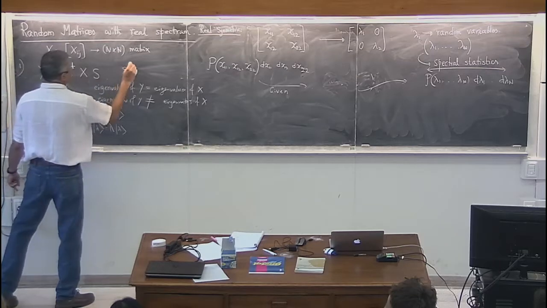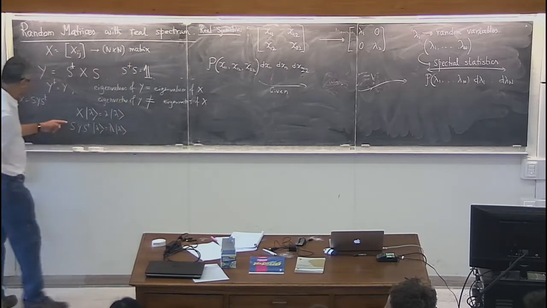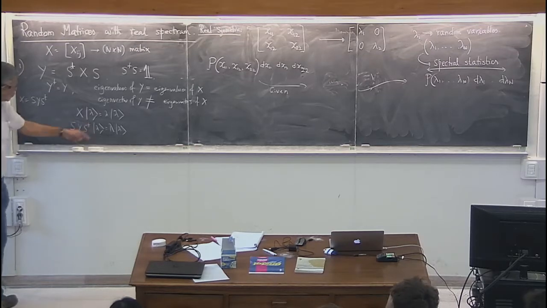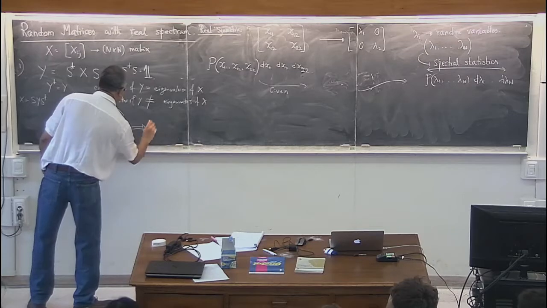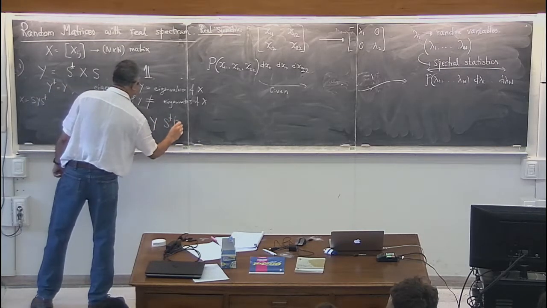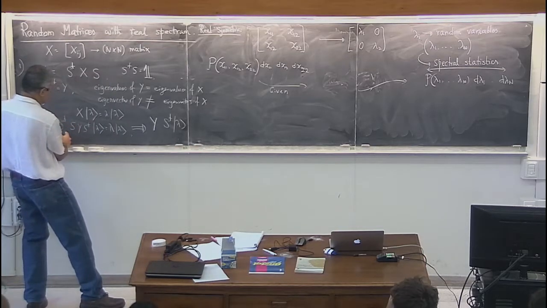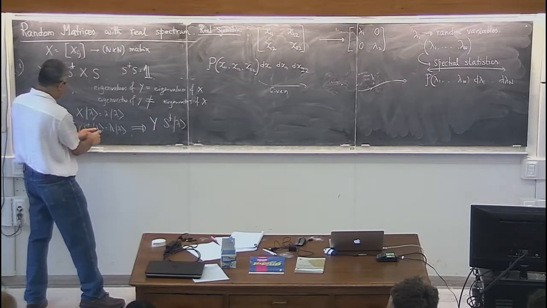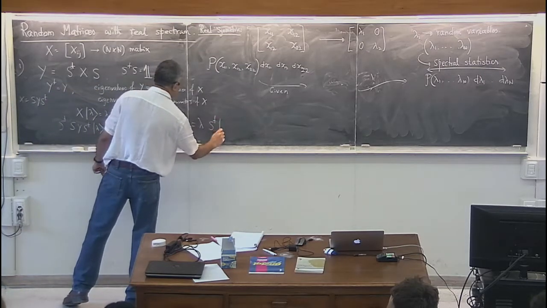Remember that S is a similarity transformation, so S dagger S is the identity. If I now operate S dagger on both sides, this gives you Y S dagger v equals lambda S dagger v, because I'm just multiplying by S dagger and using this as an identity matrix.